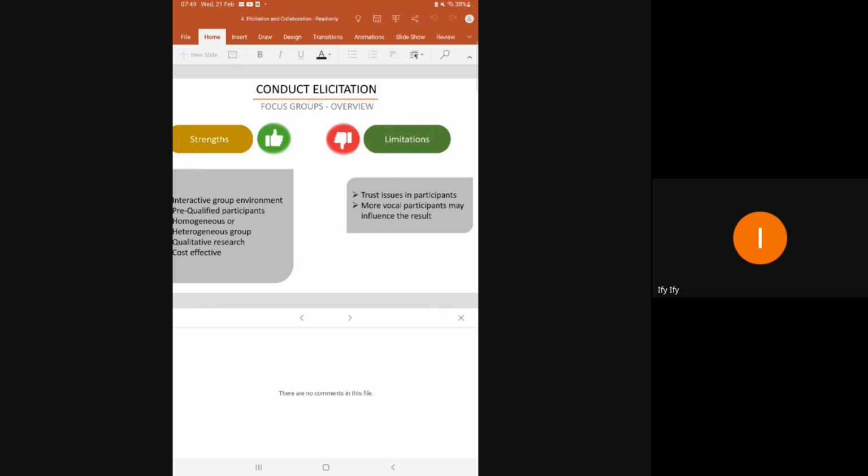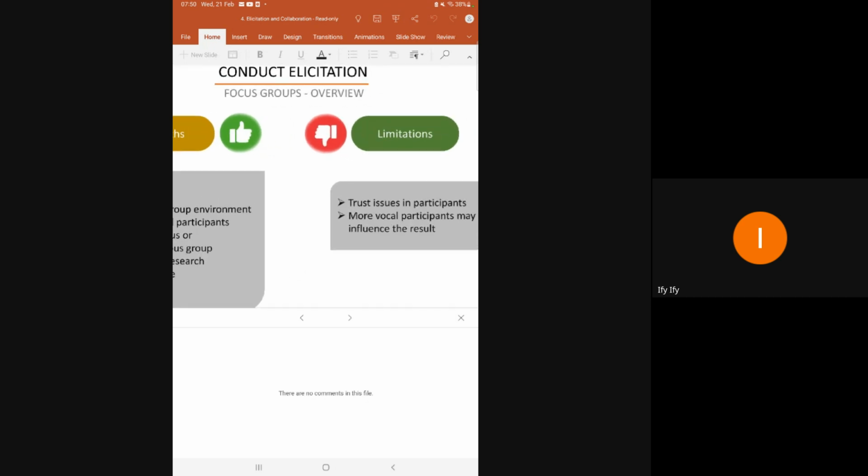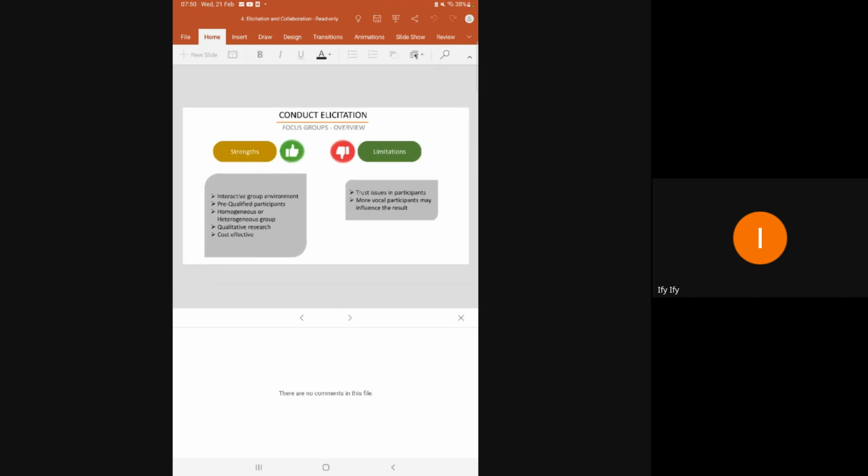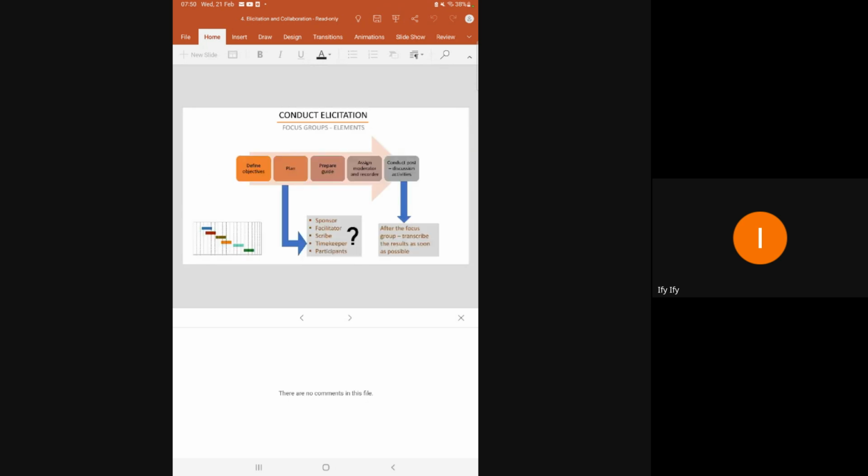It all depends upon the moderator, who can figure out how it has to be facilitated and what exactly you are expecting out of the group. These are the limitations in focus groups that we need to take into consideration depending upon the requirement. In some cases you can use this technique.